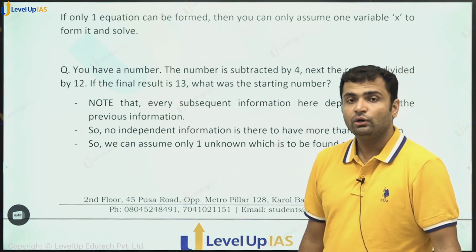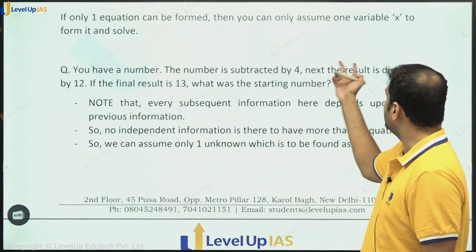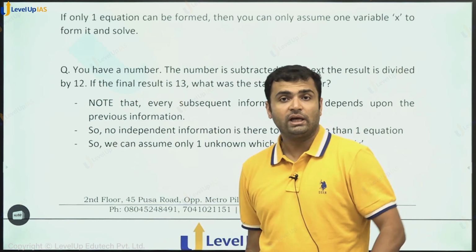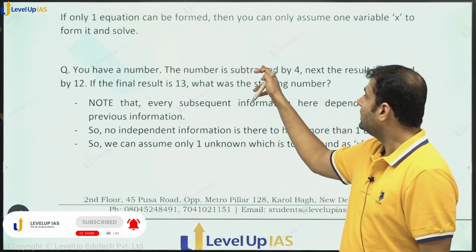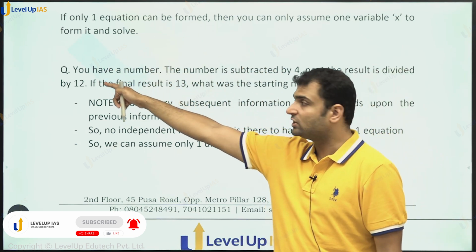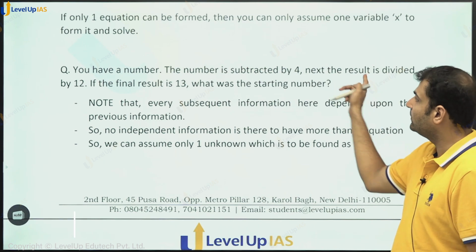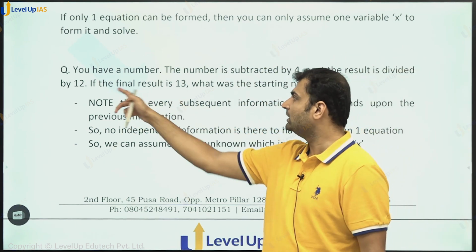Now here you may feel there is a lot of information, that this is one piece, this is one, this is one. That is not the case, because you see we started with a number, then it is subtracted by 4, so this information is contingent on previous information, then it is divided by 12, so this information is dependent on previous information, then the final result is 13.